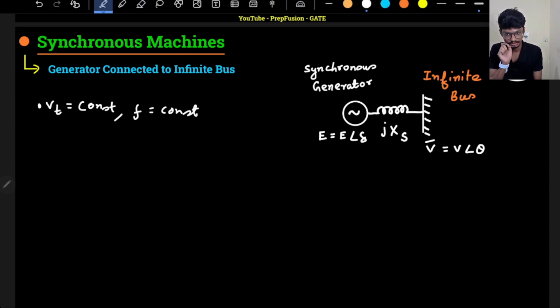One more assumption we will take: the synchronous reactance Xs is also constant. It will not vary, obviously, if the frequency is constant, since the speed of the prime mover is constant.